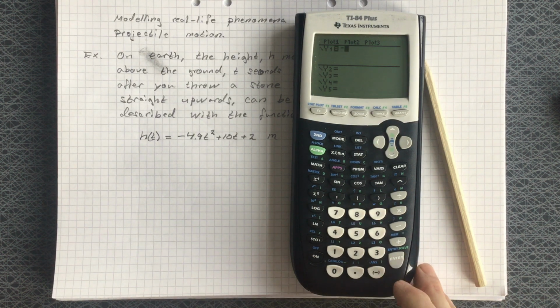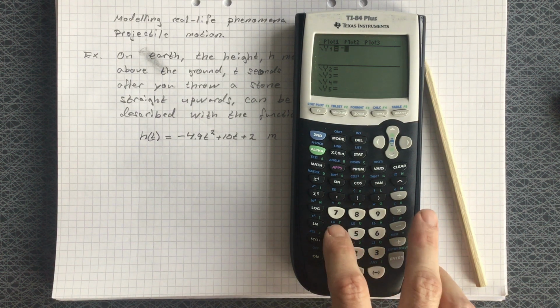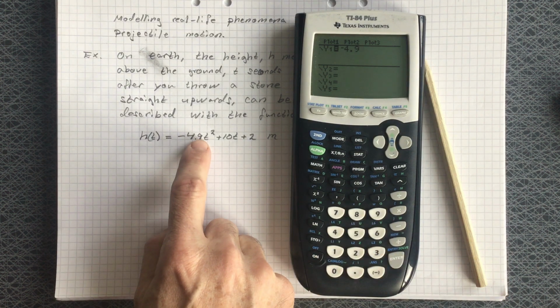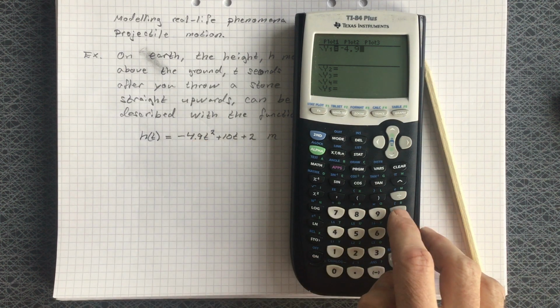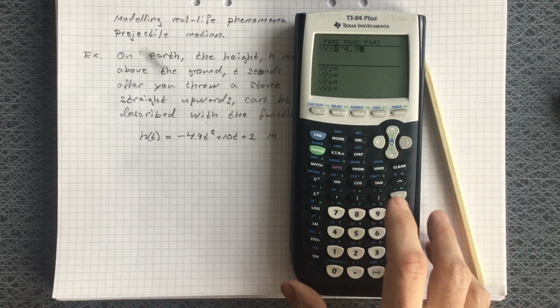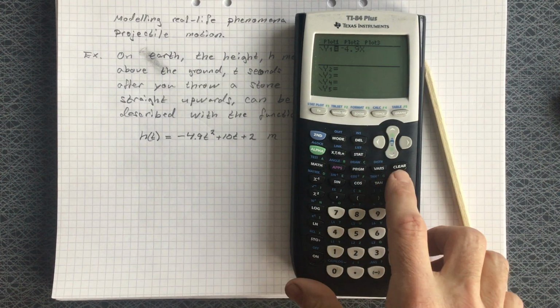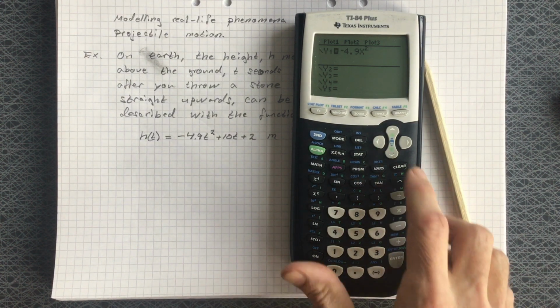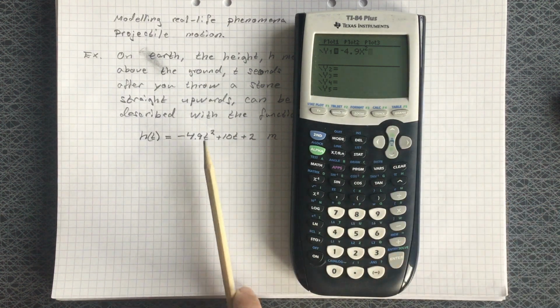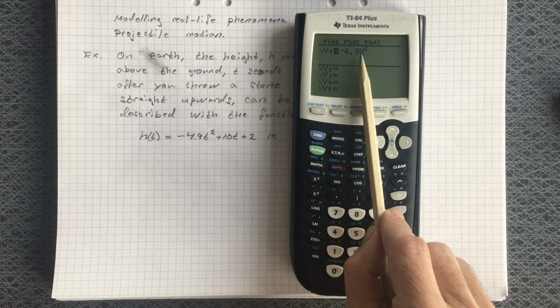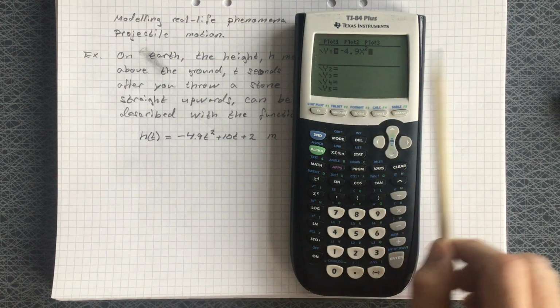It's a negative value. Negative 4.9. Then we have a multiplication sign, but I don't need to press multiplication. The calculator understands if I just write an x and then take it to the power of 2. I square it. So you see, I have t for time here, but my calculator uses x for the time. It's no problem for you.